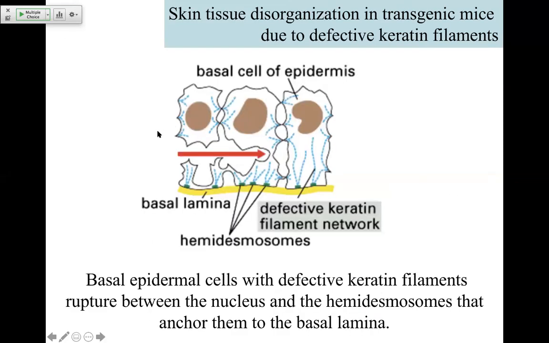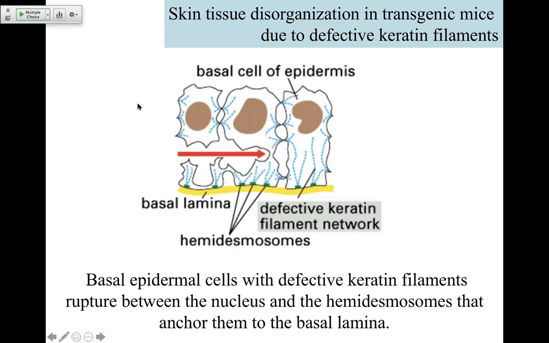Here we're looking at the epidermis, one of the layers of epithelial cells that make up the epidermis, the outer layer of skin. And they're showing our keratin with these little dotted lines showing that the keratin has not formed properly. And so the keratin is a weak filament, not that strong cable.